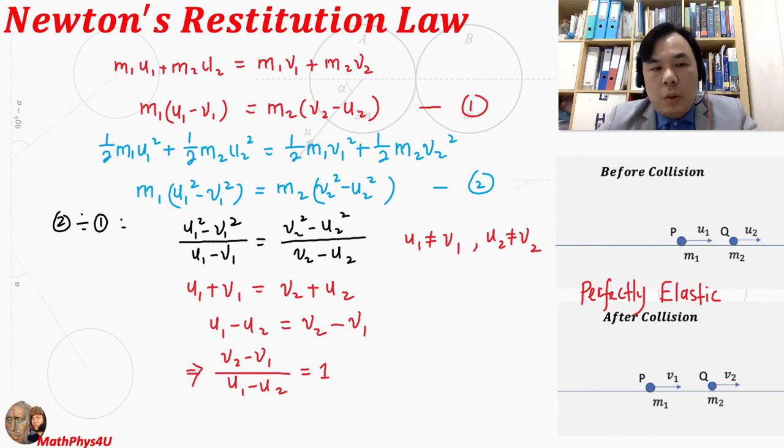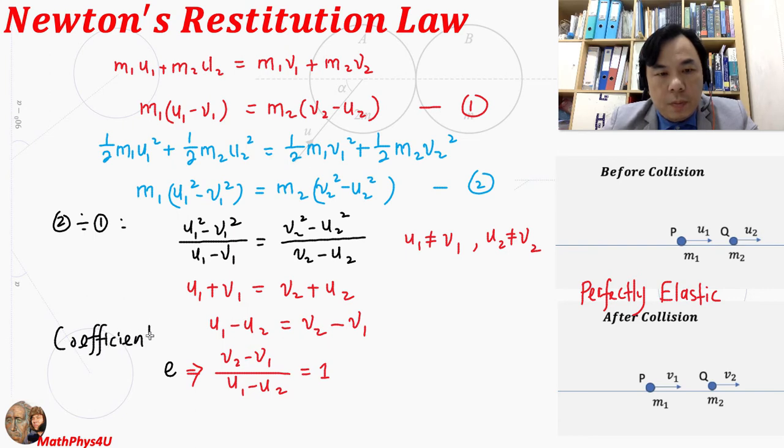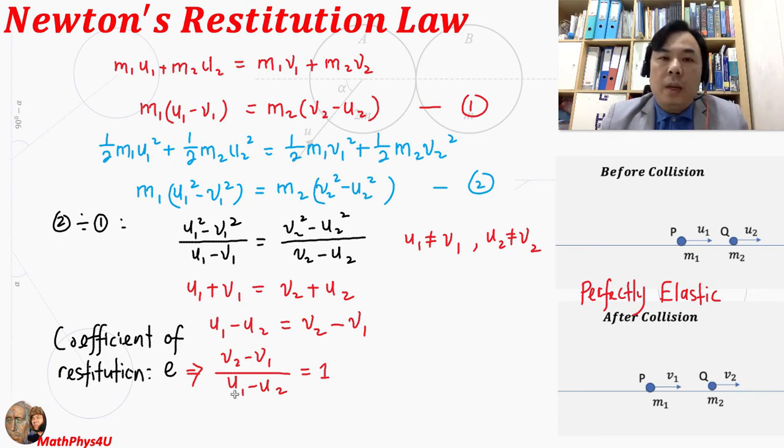This ratio is what we know as the coefficient of restitution, e. For any perfectly elastic collision, the coefficient of restitution is equal to 1 here.